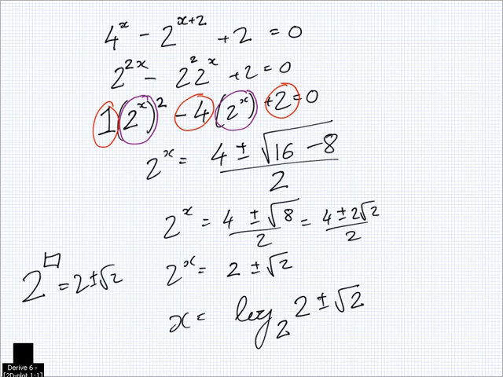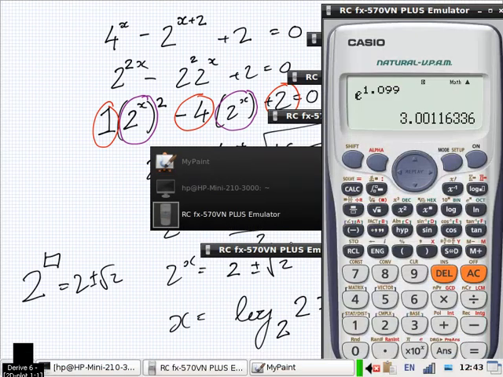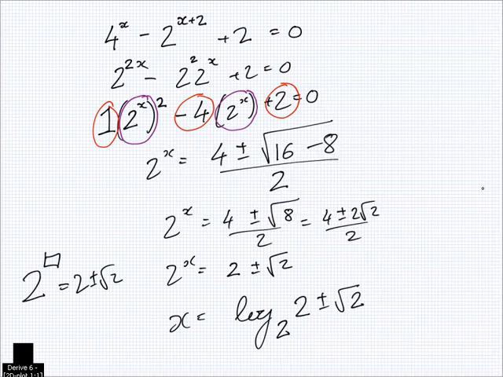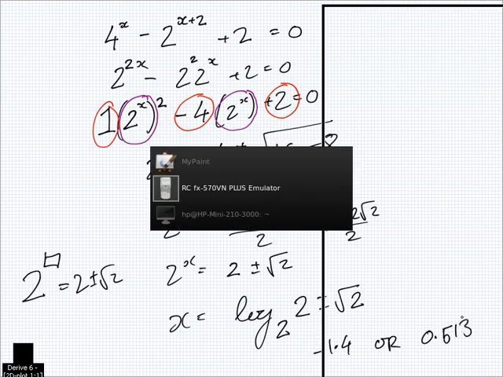Now, I think 2 plus root 2 is okay, and 2 minus root 2 is okay, because you can't have logs of negatives. So if we just bash that into the calculator, what is it? Minus 1.4 and 0.513 something. Right, now, let me just check this.